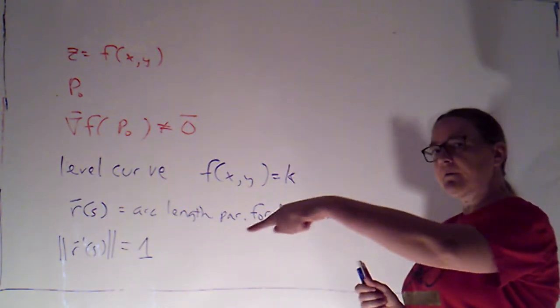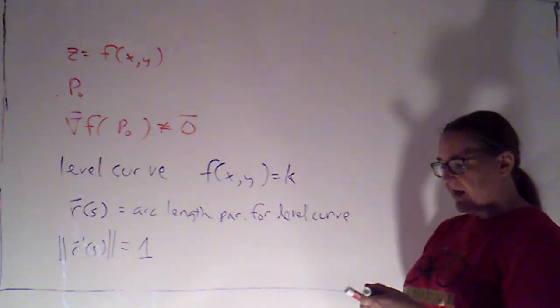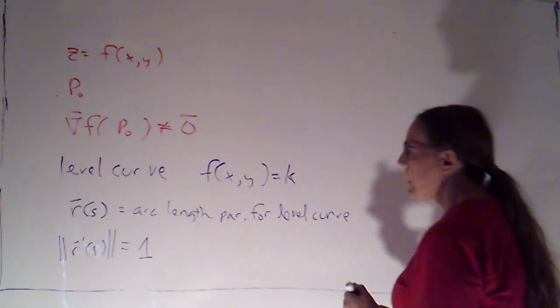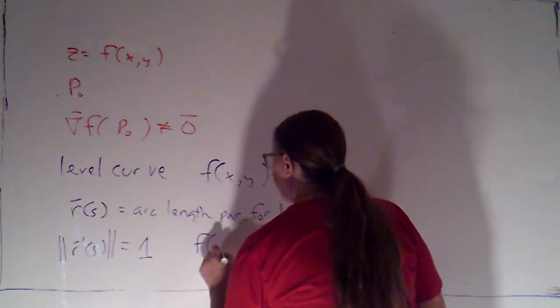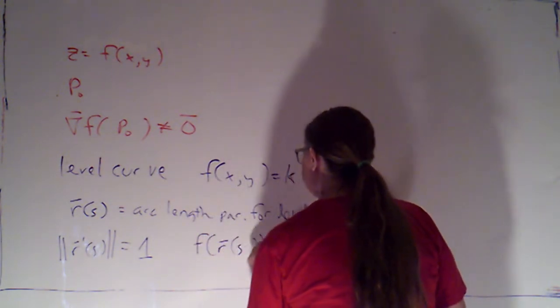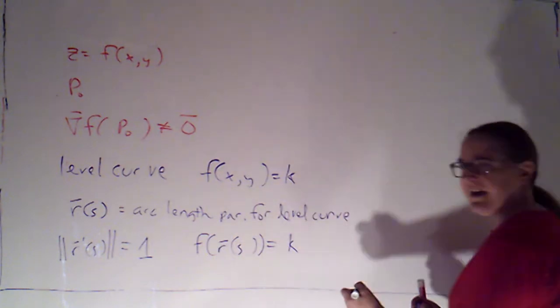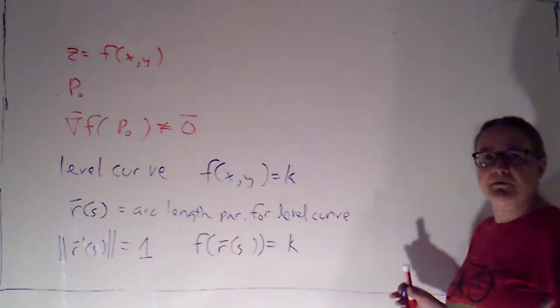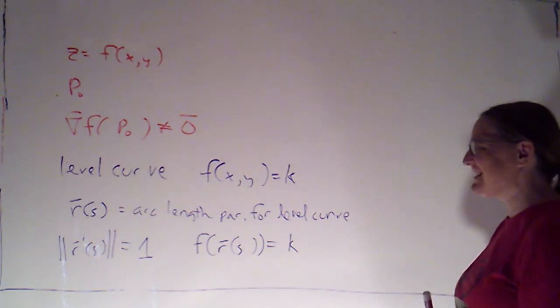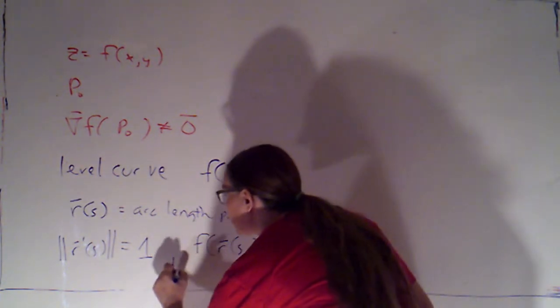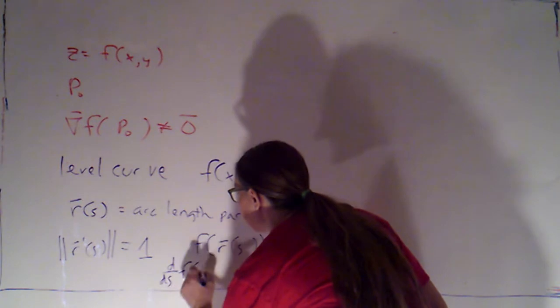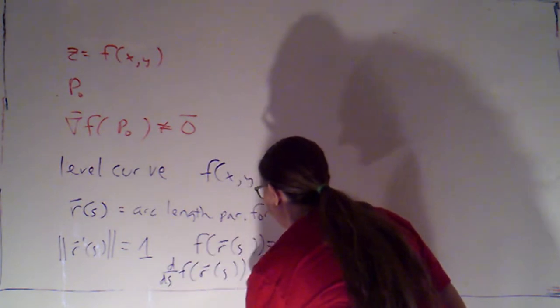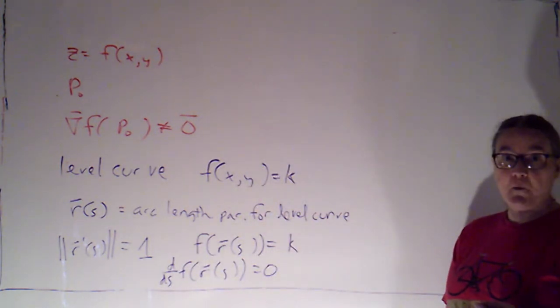And I'm going to restrict the domain of my function to being on that level curve. Well, then I know that f of r of s is just k. If I plug in points on the curve, the whole definition of the curve is that when I plug in those points, I get this constant k. Now that means that the derivative with respect to s of f of r of s would equal 0.